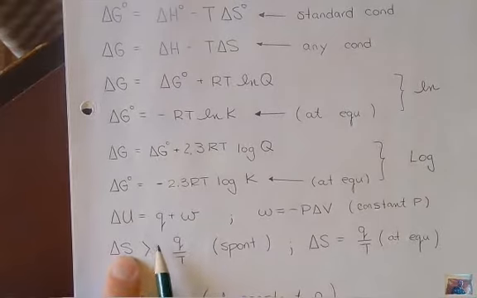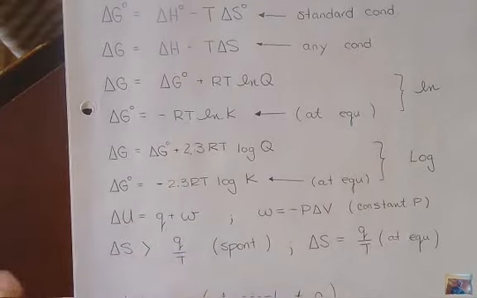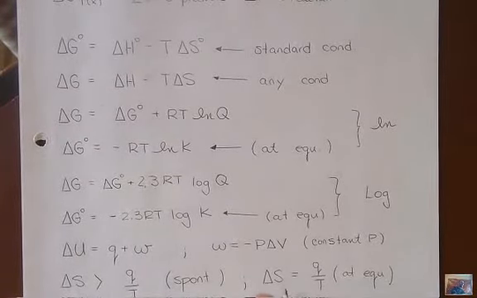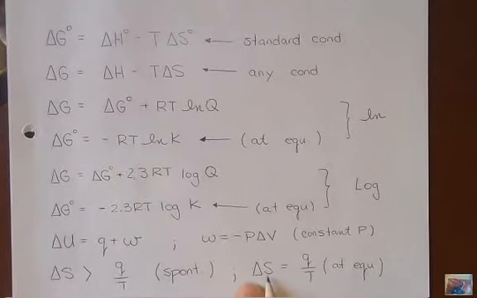And delta S will always be greater than that. If you slow the reaction down and go very, very slowly so that you can capture all the work and do the reaction at equilibrium, then delta S is equal to Q over T at equilibrium. Okay, so the heat of the reaction divided by the temperature, if the reaction is done at equilibrium, is delta S.